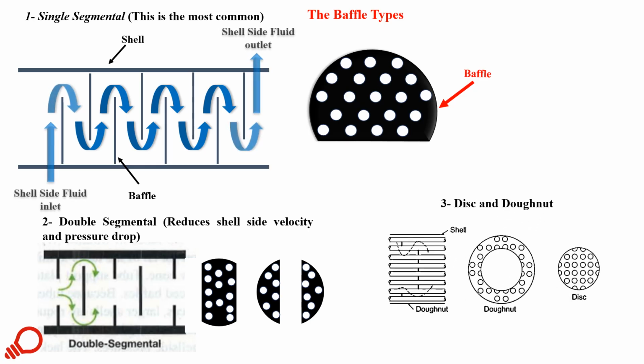We have the third type, which is the disc and dove knot. As shown, again we have two parts: a small part which is fixed at the middle, and then the other one which is fixed on the inner side of the diameter of the shell, which allows the passage of these tubes.